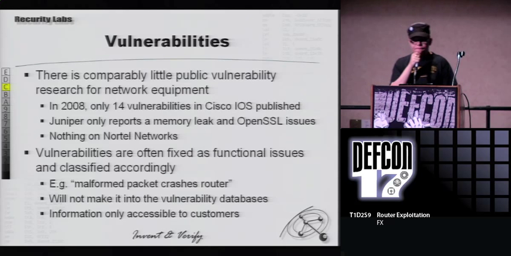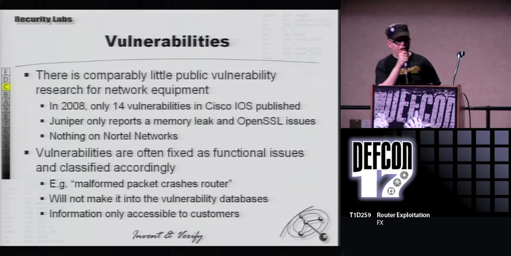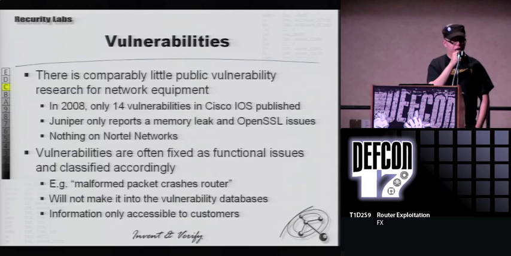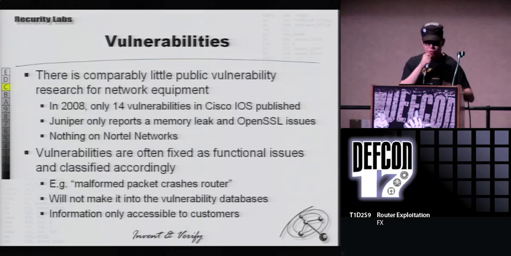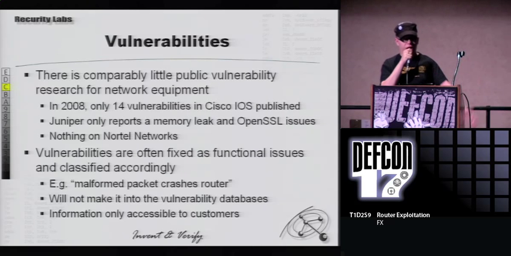Vulnerabilities in the network world get fixed a lot of times with the customer from the networking department sending them a TCP dump, well, after jumping through 500 loops with the first, second and third level support people, right? He's sending them a TCP dump file and says, look, this packet crashes my router.